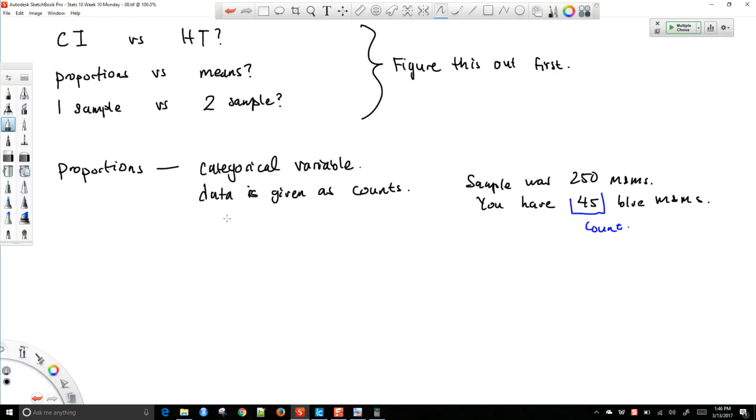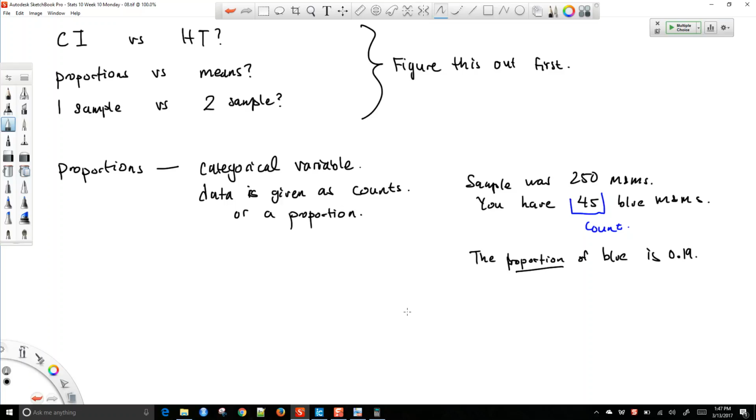I mean, the data could also be given directly as a proportion, right? Or given as counts or a proportion. In that case, I think it would be very clear that you're dealing with a proportion, right? If the problem says the proportion of blue is 20%, or is 0.19, I hope it will be clear that it's a proportion, okay?